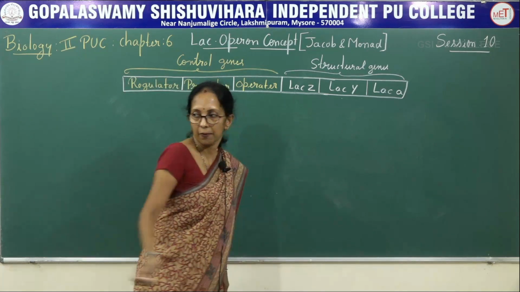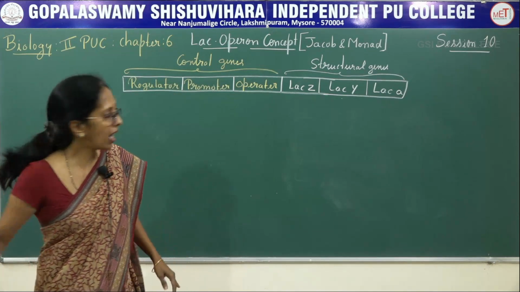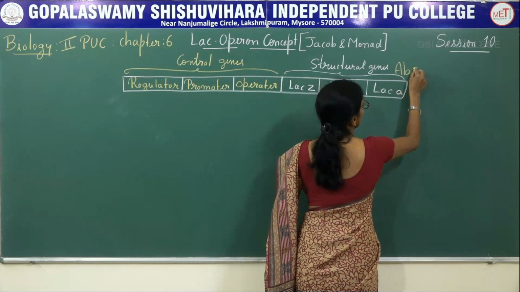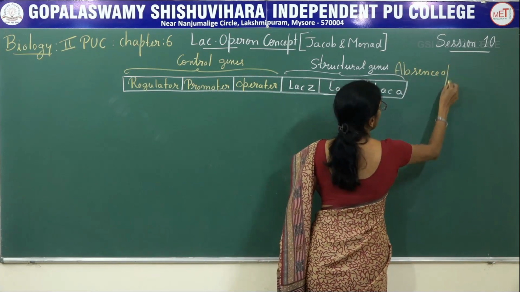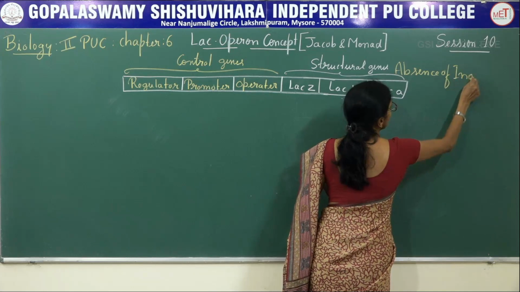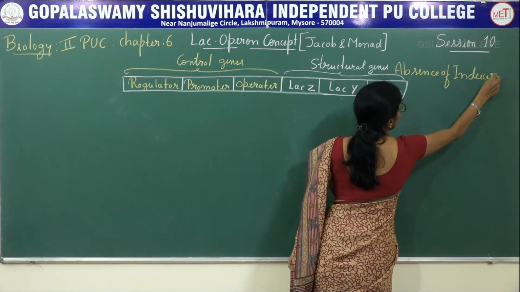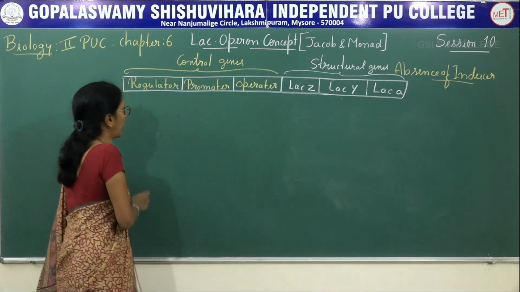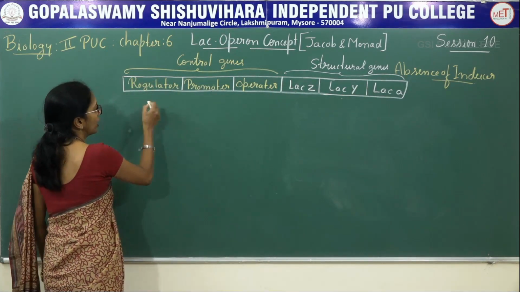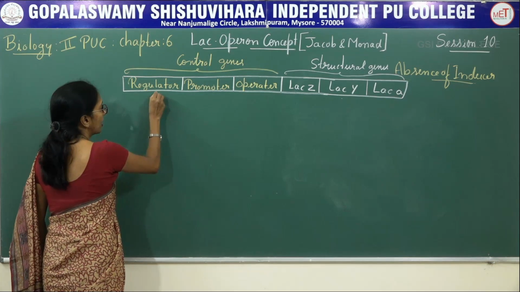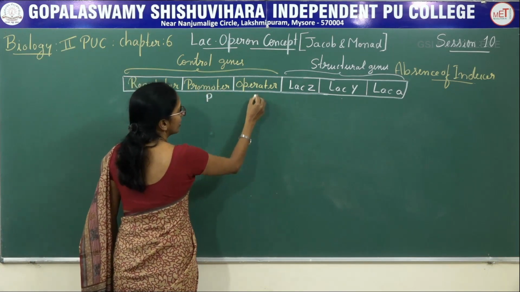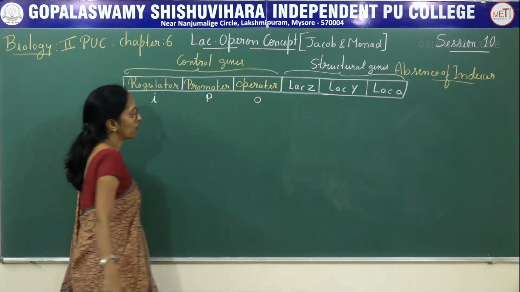Now, here, first is in the absence of inducer, that means lactose. In the absence of lactose, what happens? The regulator is denoted by I, promoter by P, operator by O.